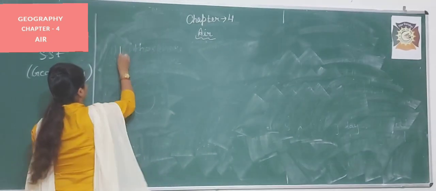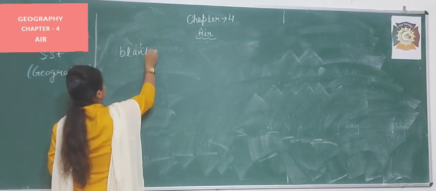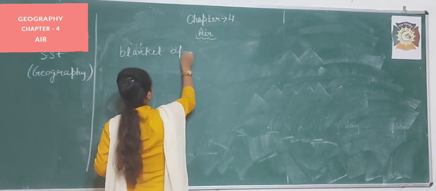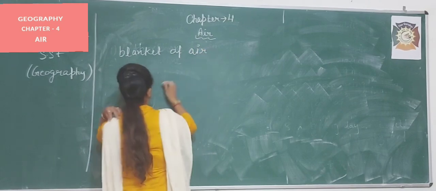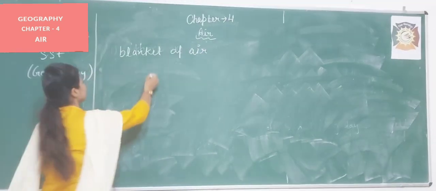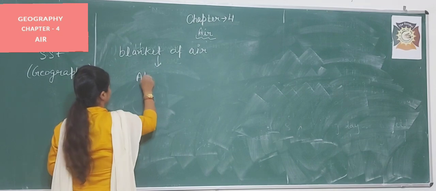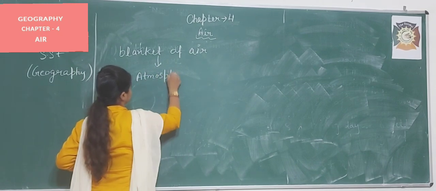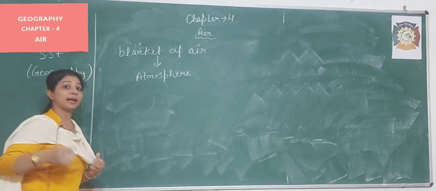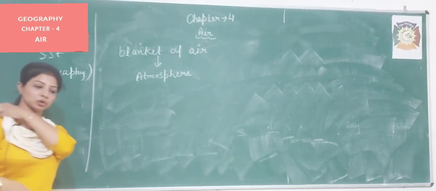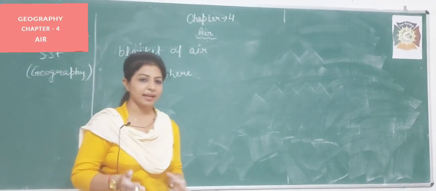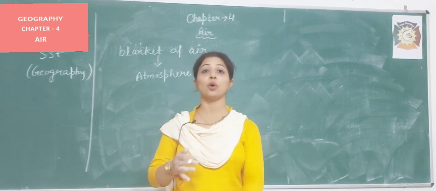This blanket of air is called atmosphere. So we can say air has covered our earth to a height.